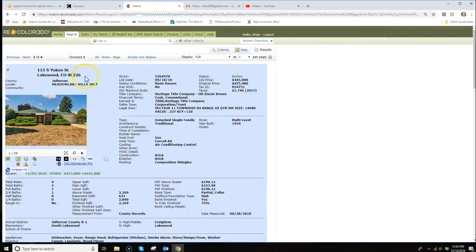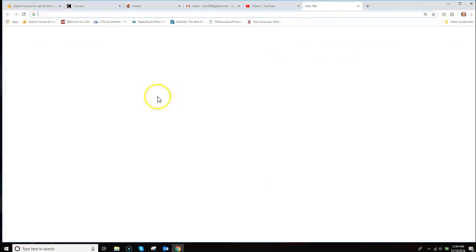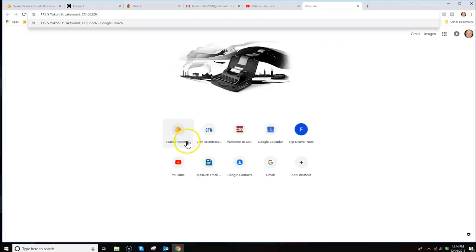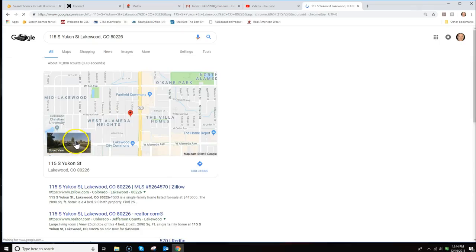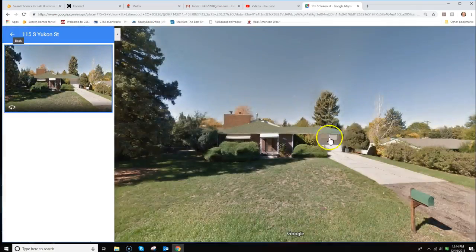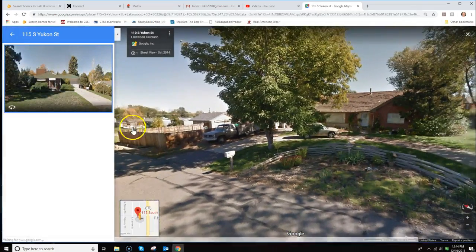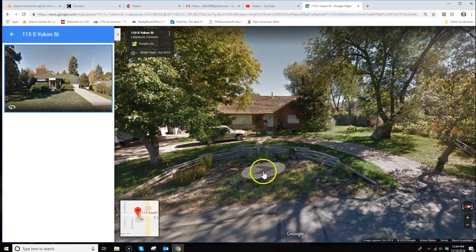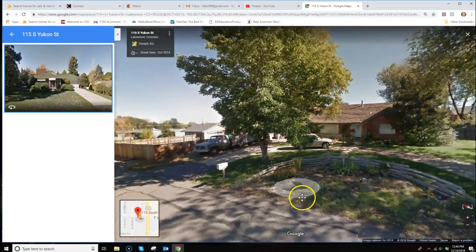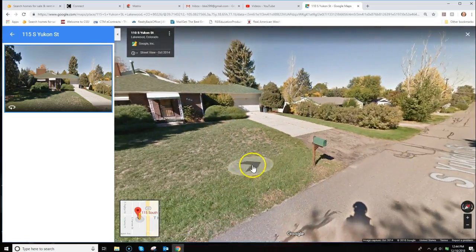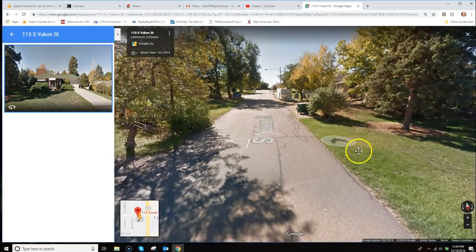The only problem with this property, and I don't know if it's going to be a big issue, is the house across the street. When I went and looked at it, it is in really bad shape. That's a nightmare house right there. That's the only thing that worries me about this house.